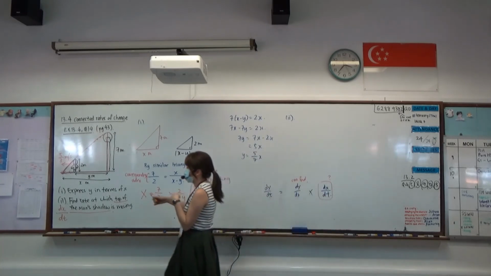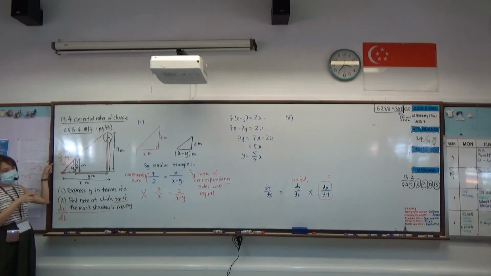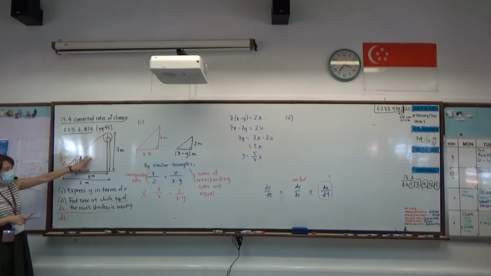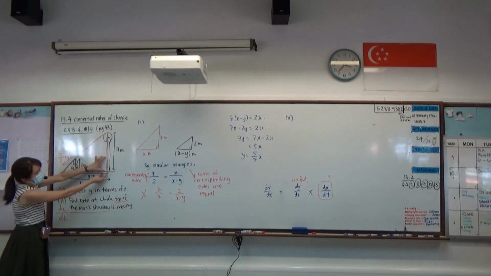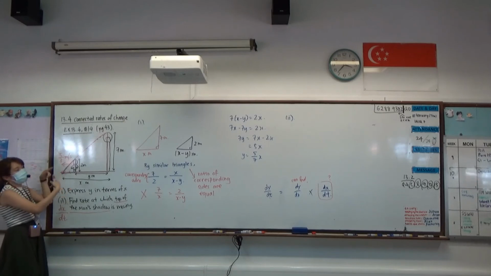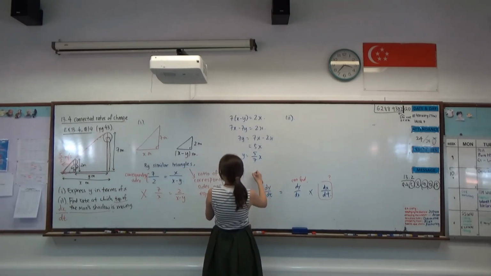The rate that the man is walking away. Let's say why 5 over 3 is dy over dt. It is because the rate that the man is walking away, you walk from here to here, the distance y meters is slowly increasing. So y meters is increasing against time. So it is actually the speed. So dy over dt is 5 over 3.